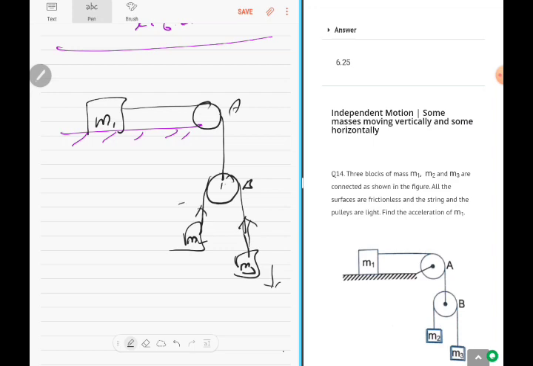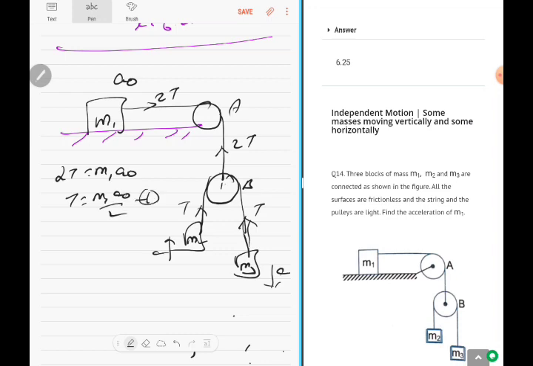But it's going to have the same tension, therefore the acceleration will be the same, just in the opposite direction. There is no friction, so if this is 2T and T, there will be a 2T, and you know that 2T is equal to M1 into, let's consider this acceleration as a0, so M1 into a0. So T itself is M1 into a0 by 2. And that gives you the first equation.